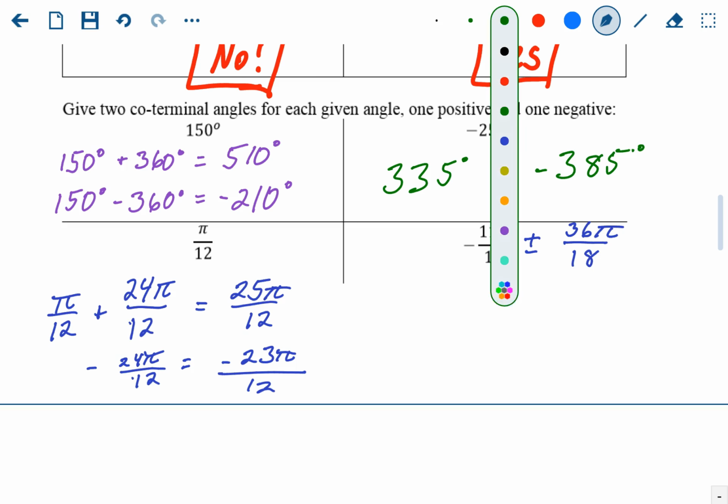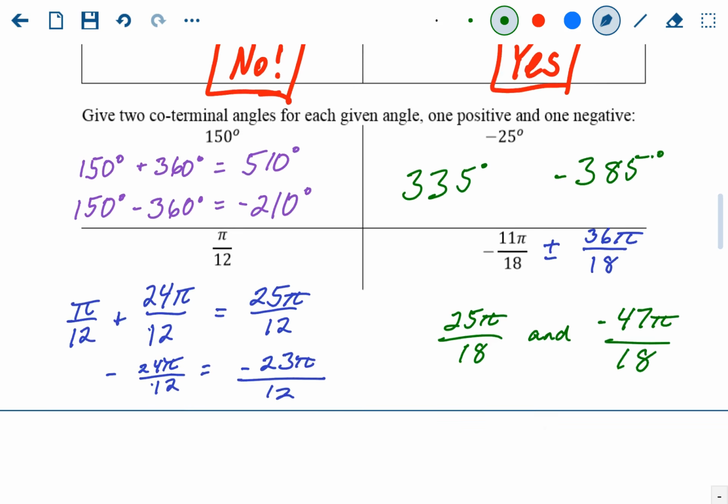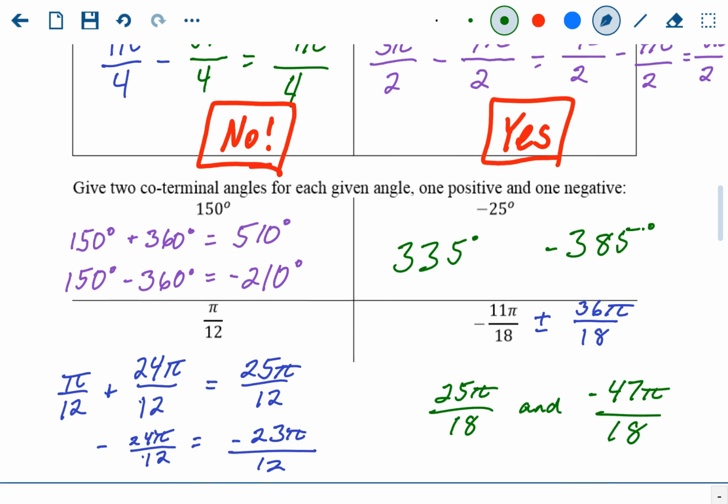It's going to be 25 pi over 18. And take negative 11 minus 36, which is negative 47 pi over 18. All right, so those are coterminal angles. And pretty simple. You're just adding and subtracting 360 if you're in degrees, adding and subtracting 2 pi if you're in radians.